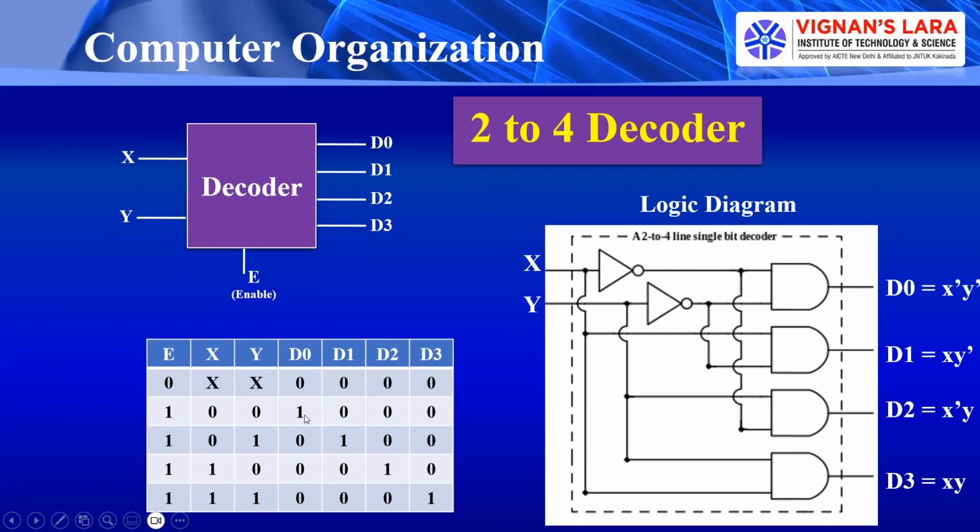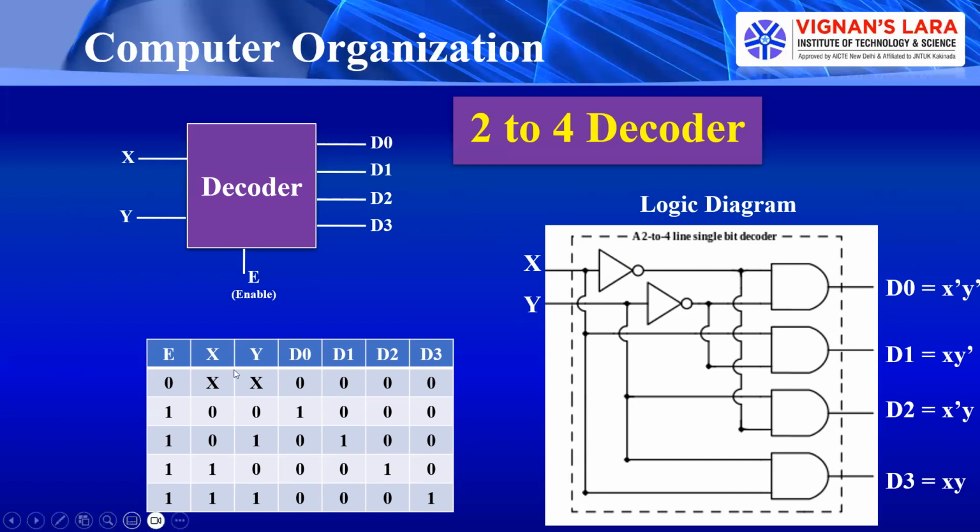It is somewhat similar to the demultiplexer case. In the demultiplexer, the selection lines are X and Y, and the input is D. If X and Y is 0, 0, the D input reaches output Y naught. But here it is a decoder circuit. Always the output here is 1 based on the code present at the input side of your decoder.